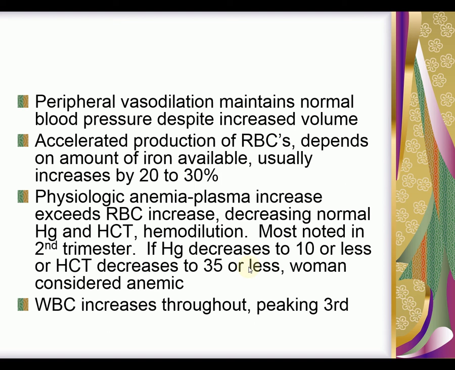It's very hard to get them to take the iron, especially as their peristalsis is slowed down, so they're going to have problems with constipation. So we really need to make sure that they take their iron, and in order for them to take it, we order it to be taken with meals and tell them to eat a lot of fiber and drink a lot of fluids.